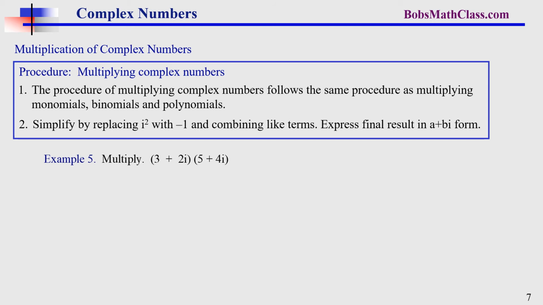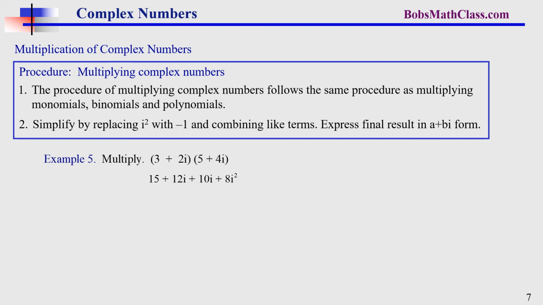Okay, here's our next problem. You might want to pause the video. We're just going to FOIL like we've done before. So 3 times 5, 15. 3 times 4i is 12i. 2i times 5 is 10i. And 2i times 4i is 8i squared.